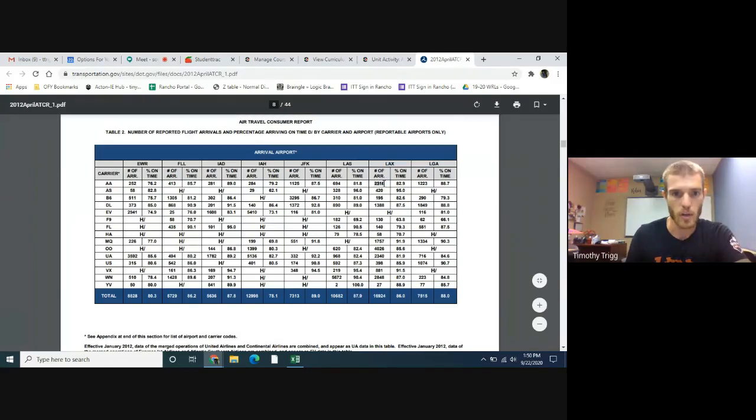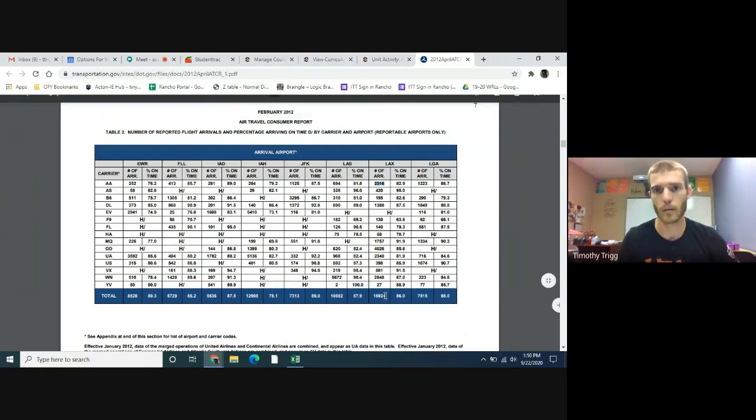Well, 2,316 were from American Airlines. So this probability is going to be the total number of flights that arrive in LAX on the denominator, and in the numerator is the number of arrivals from American Airlines. So the fraction will be 2,316 over 16,924.